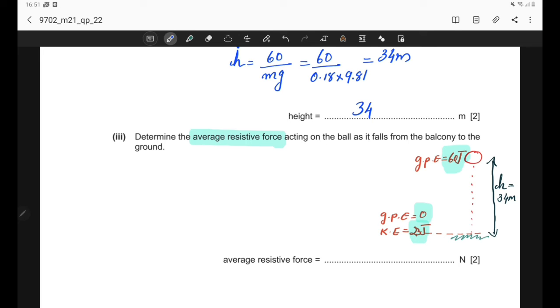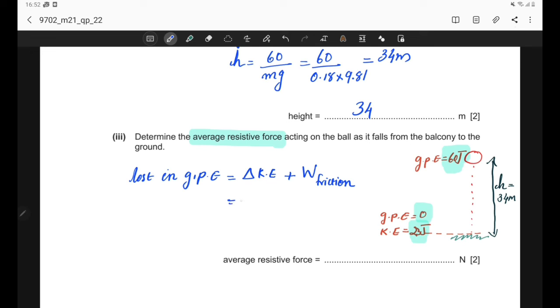So we can write down that the loss in gravitational potential energy will be equal to the gain in kinetic energy of the ball when it reaches the ground plus the remaining energy consumed by the ball in doing work against the friction, or energy consumed against the friction.